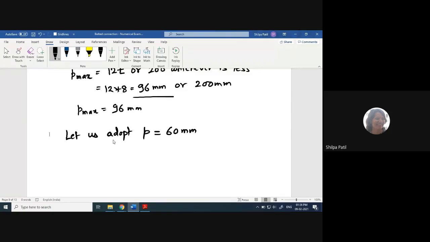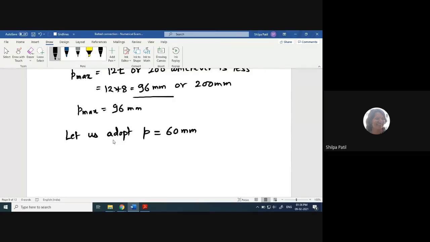Practically, we normally adopt values in round numbers. We do not assume 62 or 63 like that. Normally the assumption is made in multiples of 5 because implementation also becomes easy. So we have calculated now the end distance and the pitch value.